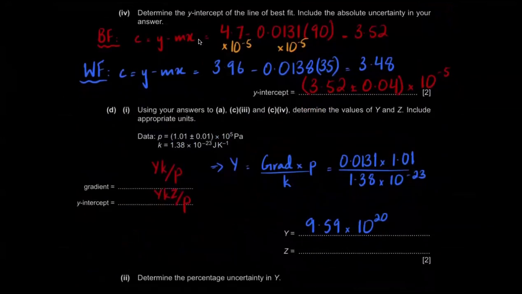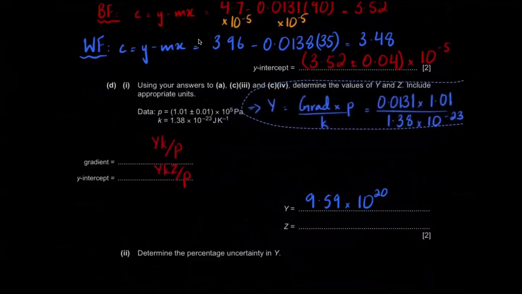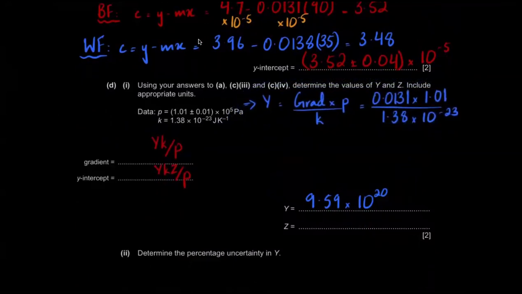So this in the numerator is meter cube per degree Celsius, and 1.01 is just pascals, and this is divided by joules per Kelvin. Now you know that joules per Kelvin or joules per degree Celsius are really the same thing. Why? Because temperature difference is the same on the Celsius or the Kelvin scale.